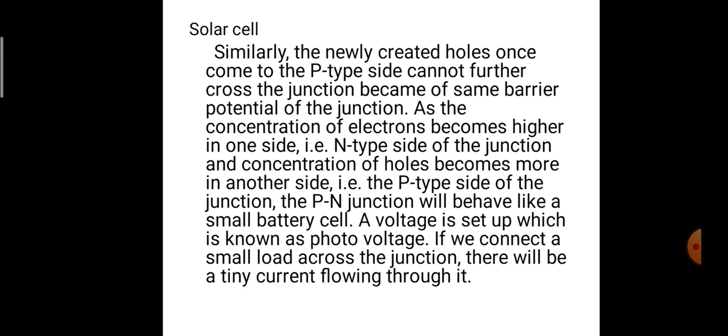As the concentration of electrons becomes higher on one side, that is the n type side of the junction, and the concentration of holes becomes higher on the other side, that is the p type side, the PN junction will behave like a small battery cell. A voltage is set up which is known as photovoltage. If you connect a small load across the junction, there will be a tiny current flowing through it.